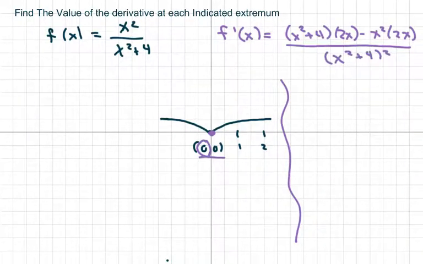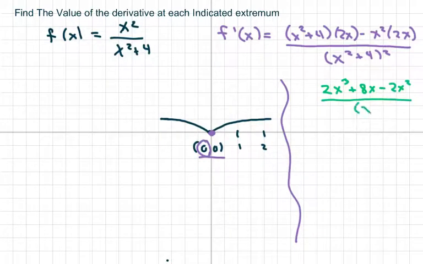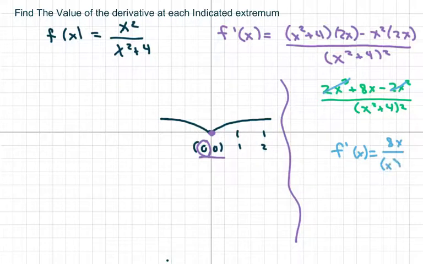And cleaning this up, you're going to get 2x cubed plus 8x minus 2x cubed over your denominator squared. So these two cancel. So our derivative of f is 8x over x squared plus 4 squared.